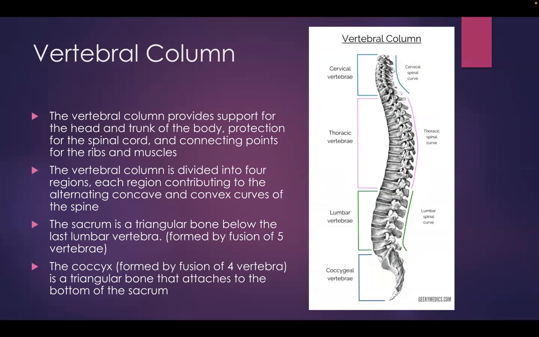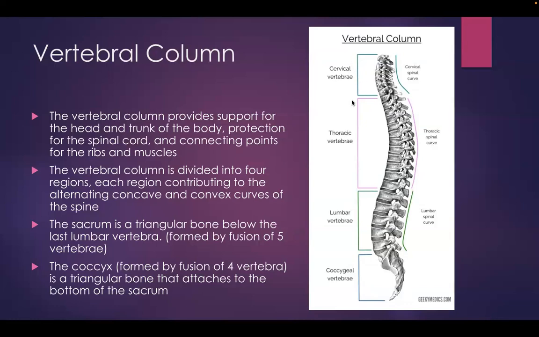The sacrum is the triangular bone below the last lumbar vertebra, and it's formed by the fusion of 5 vertebrae. And then the coccyx is formed by the fusion of 4 vertebrae, and it is a triangular bone attached to the bottom of the sacrum.